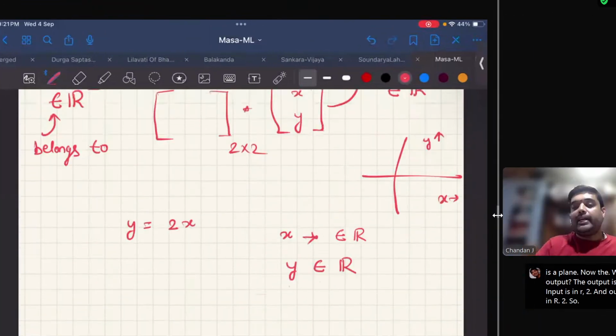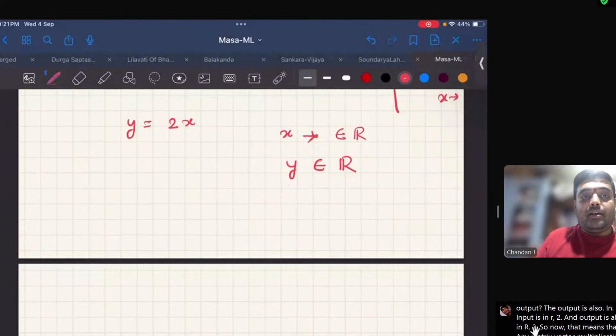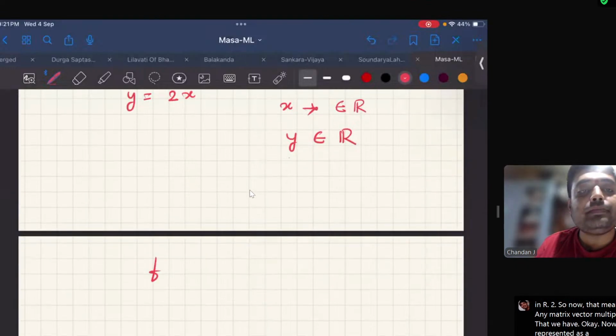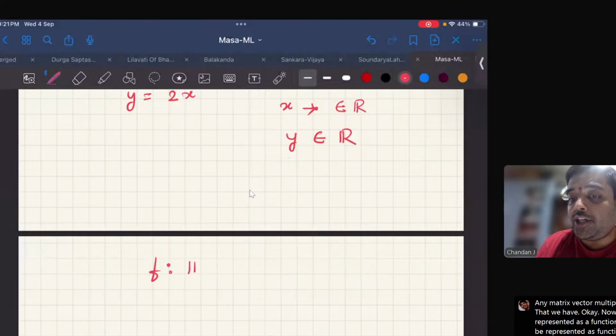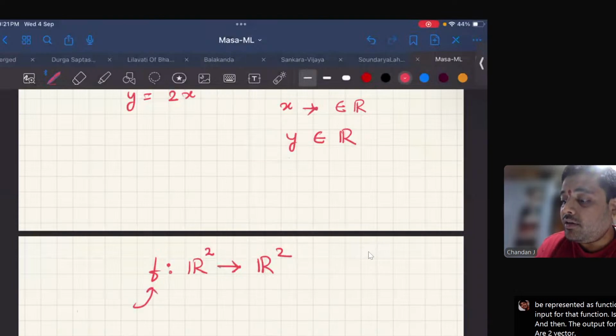So that means any matrix-vector multiplication that we have can be represented as a function. The input for that function is an R2 vector, and the output is an R2 vector. Now this is the function, this is the input, and this is the output.